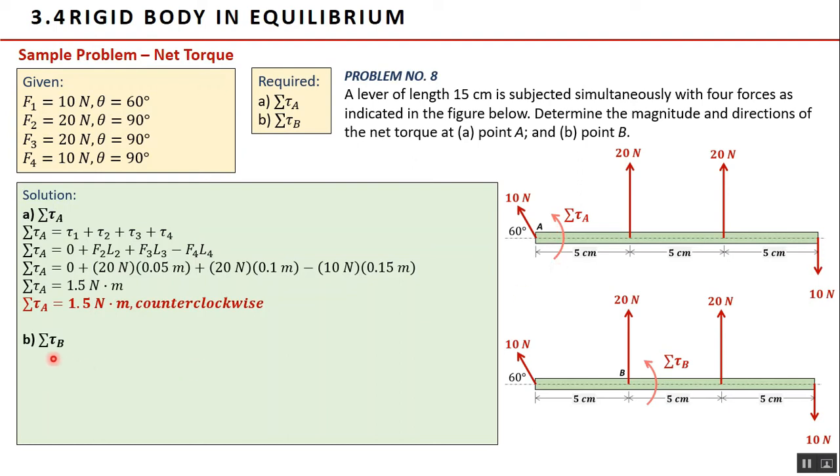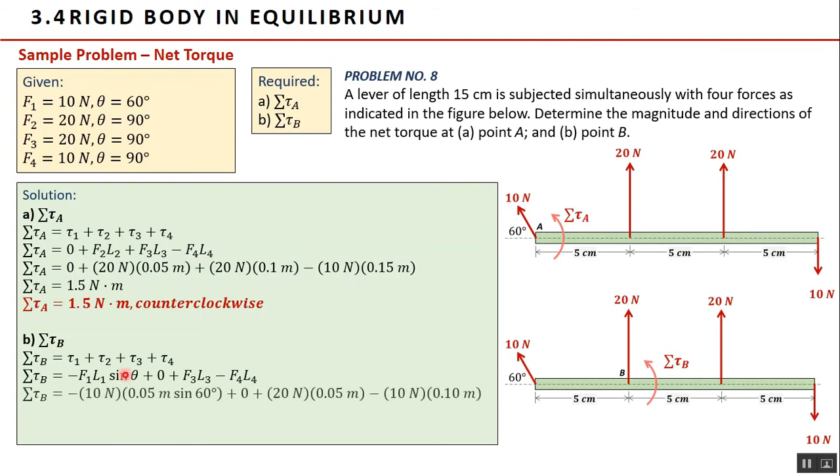Let us keep up. For letter B, we place the fulcrum at point B. Again, all lever arms will be based on this point. The torque produced by F1 is negative 10 newtons sine of 60 degrees, multiplied by its lever arm from point B, 0.05 meter. This is negative, since it tends to rotate the lever clockwise.